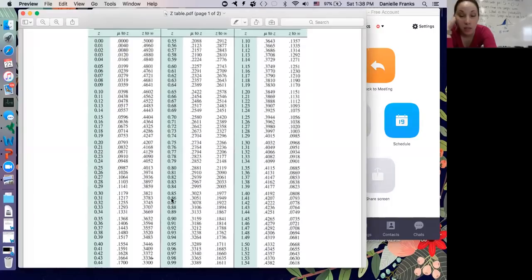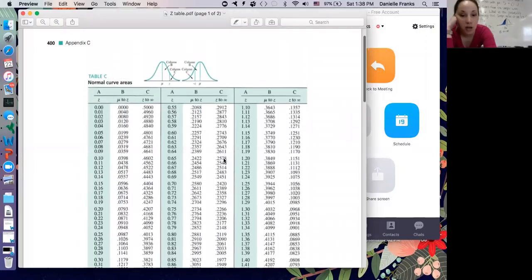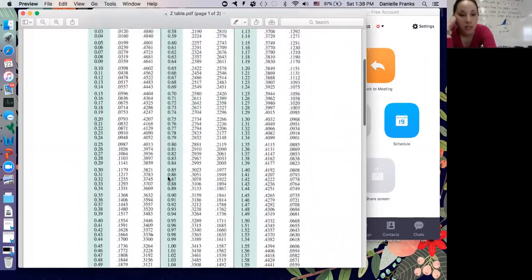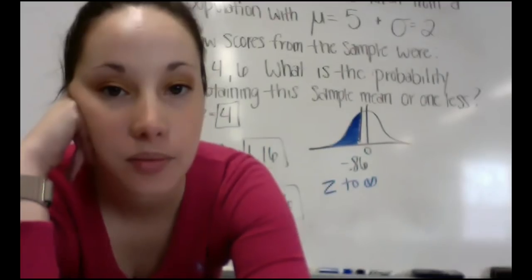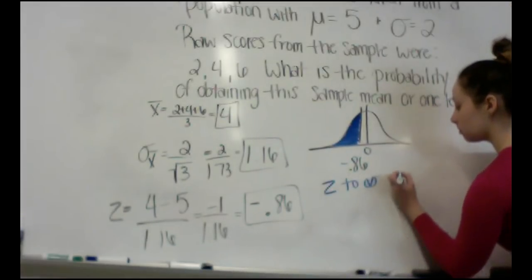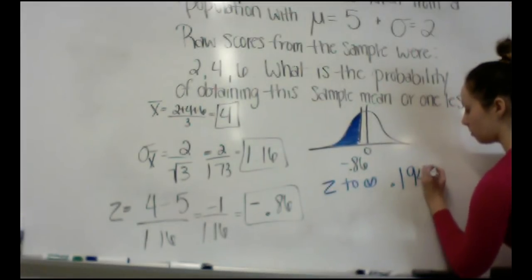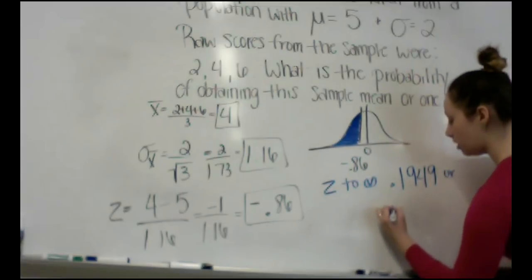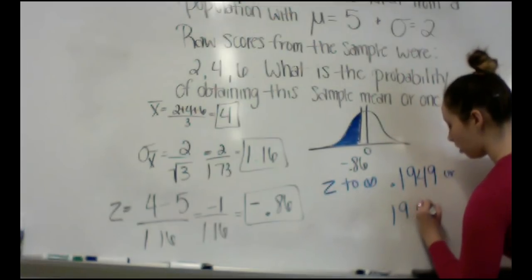Like I said earlier, we're going to be using our z to infinity column because that's what's dealing with the outskirts of the normal curve, the extremes. So here we are looking for column C because that is our z to infinity column. So 0.86 z to infinity, we see that our probability associated with that is 0.1949, or 19.49%.